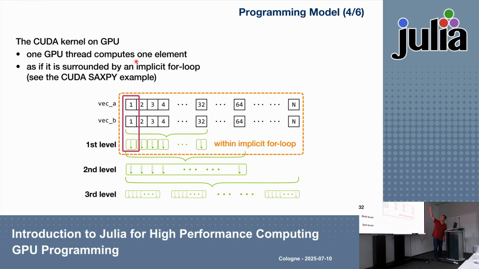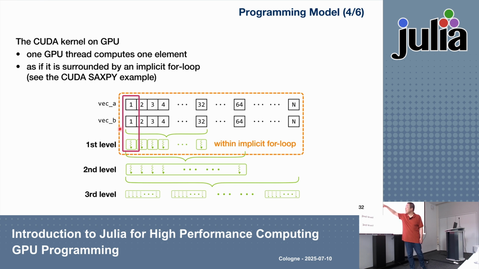We still have more slides for this simple programming model. This is a little bit too much, but let's just move on. One GPU thread will compute one element, as you can see here. One thread, which is green here, will calculate one element.